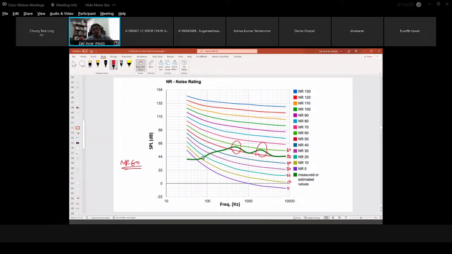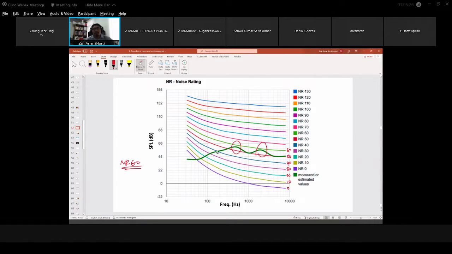It's good at the rest of the frequencies, but not at these two. So when comparing materials with the same NR rating, we should also check the actual performance based on frequency, because our problem might lie at this particular frequency.